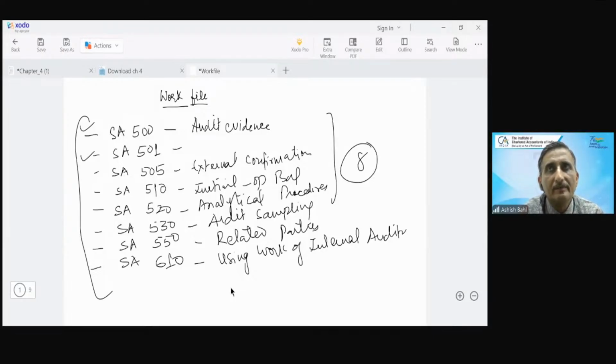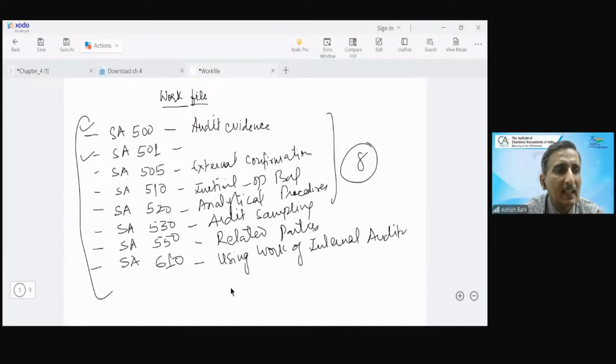Yes, anyone? Tejaswin has written something. Tejaswin, you are writing sales invoice is internal audit evidence? Sorry, okay, you are writing correctly.